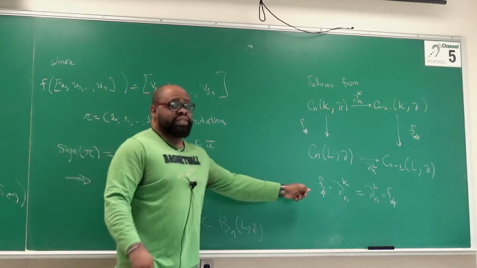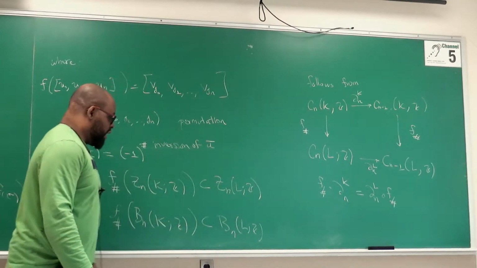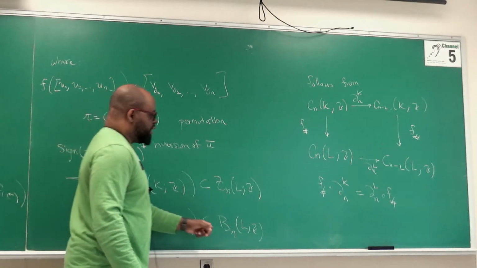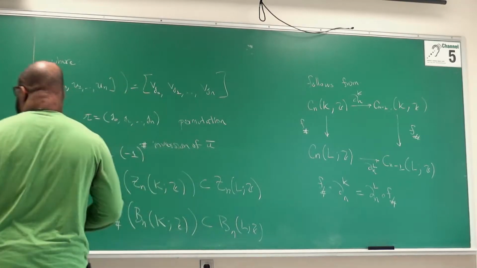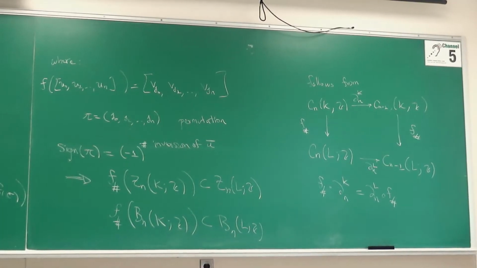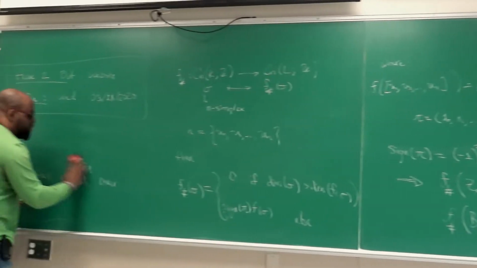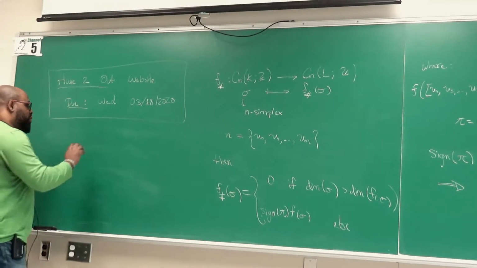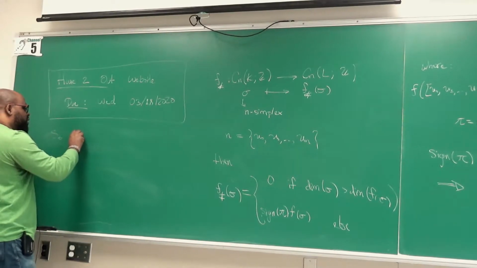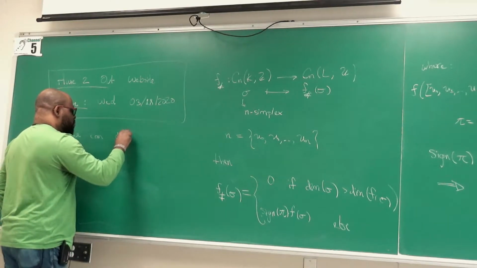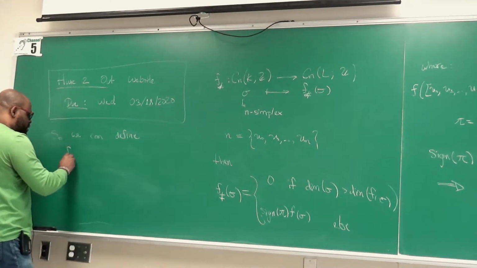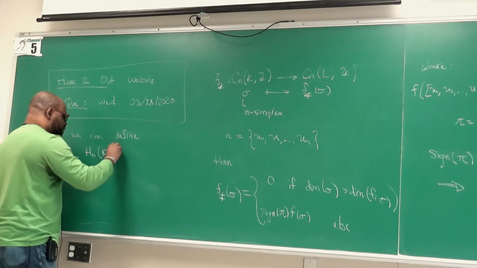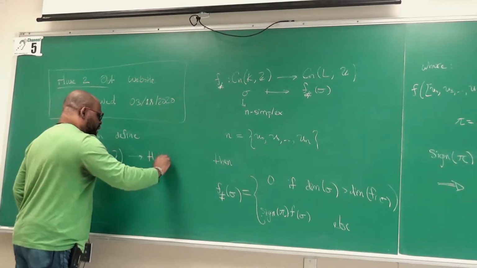So from this formula, one can see that f sharp sends cycles to cycles, boundaries to boundaries, and this allows you to define the f star. And this is now going from the homology of k to the homology of L.